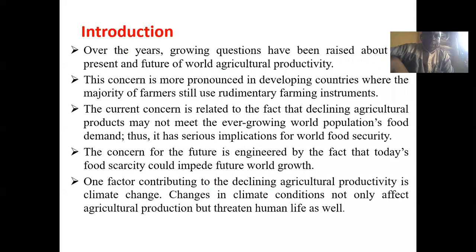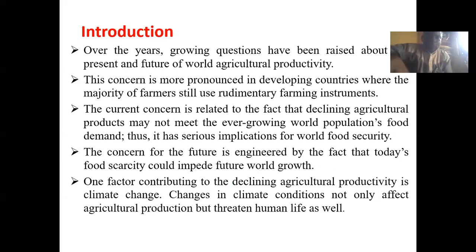So in the introductions, over the years, a growing question has been raised about the present and future of world agricultural productivity. This concern is more pronounced in developing countries, where the majority of farmers still use rudimentary farming instruments. The current concern is related to the fact that declining agricultural output may not meet the ever-growing world population food demand.